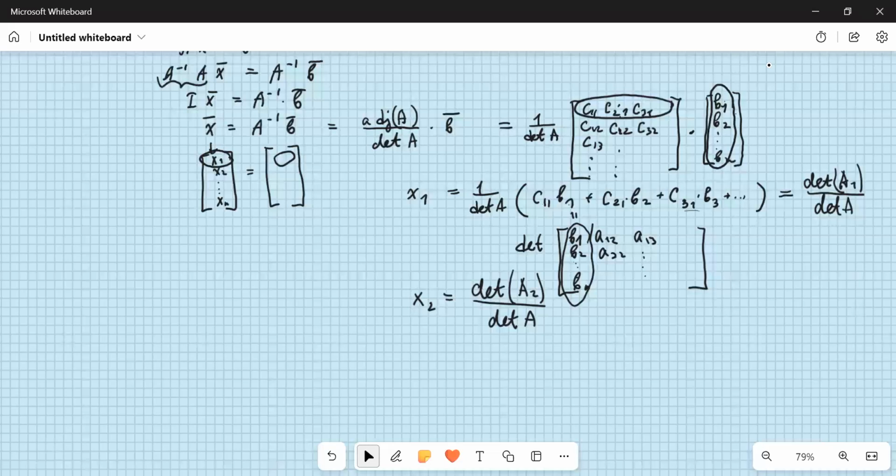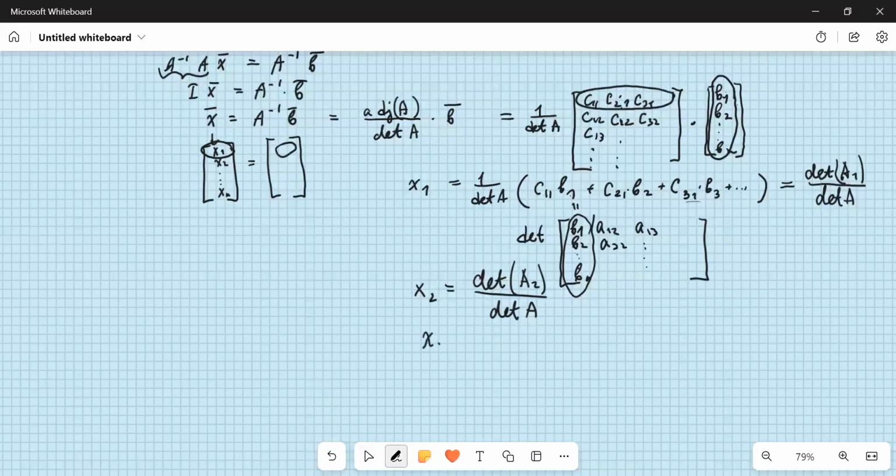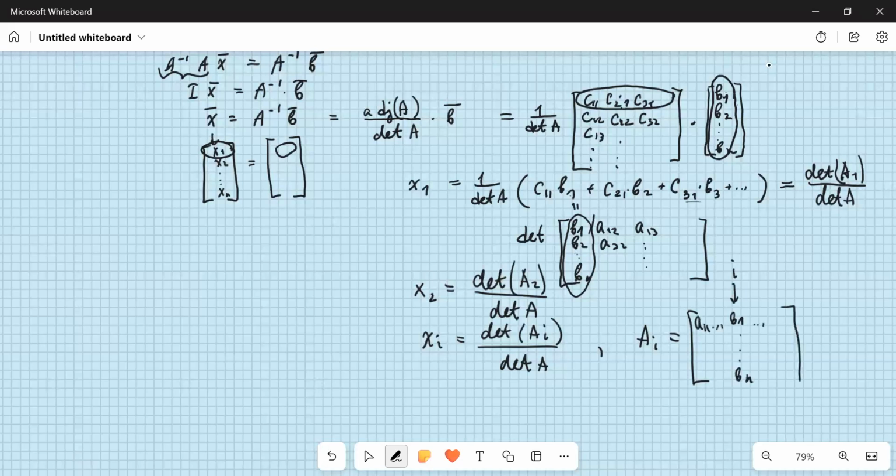For xi it is going to be determinant of Ai over determinant of A. It's actually going to be the matrix A, but instead of column i, you are going to put B1, Bn. So all elements of matrix A, except column i, which is going to be B1, Bn.